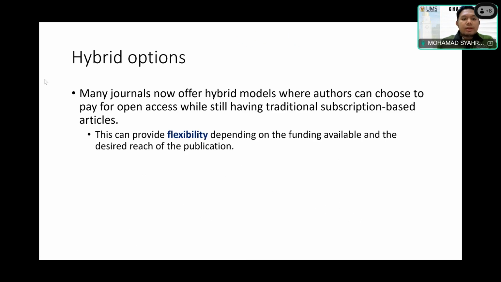We also have the hybrid option. That's why you have to check the aims of the journal, the scope of the journal, and each detail of the journal, so that you can plan in terms of finances and time. Many journals now offer a hybrid model where authors can choose to pay while still keeping the traditional route. This is flexibility.